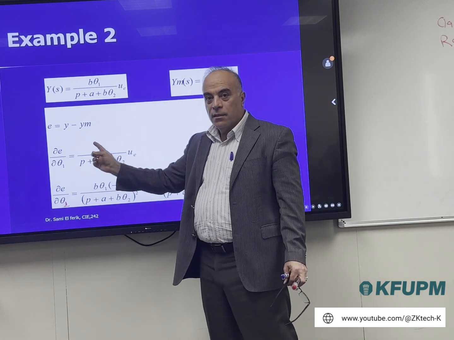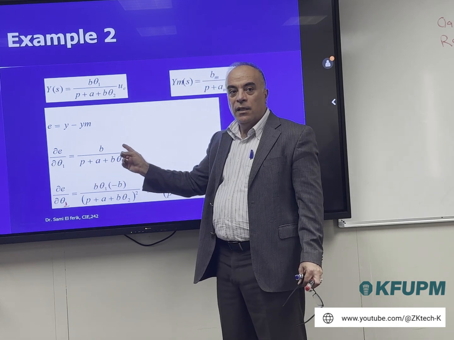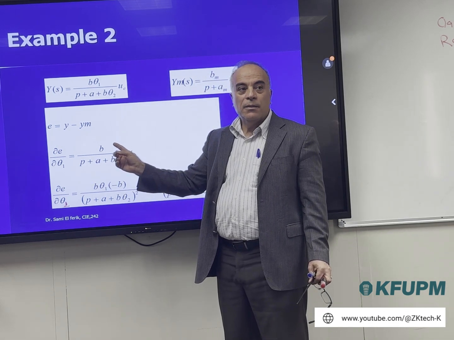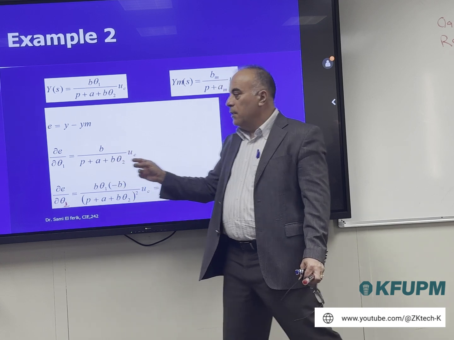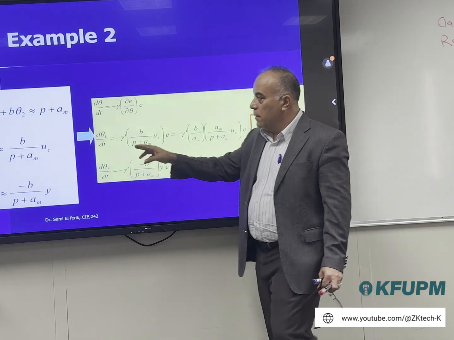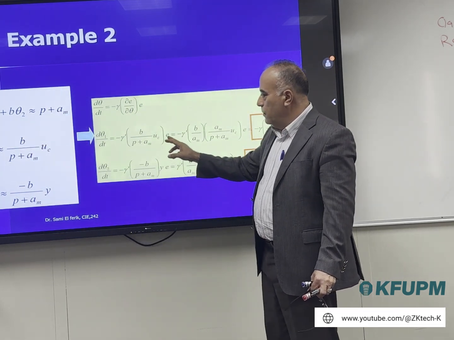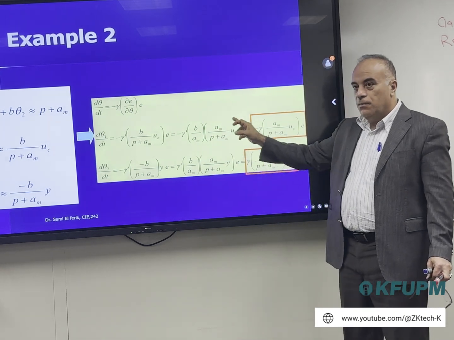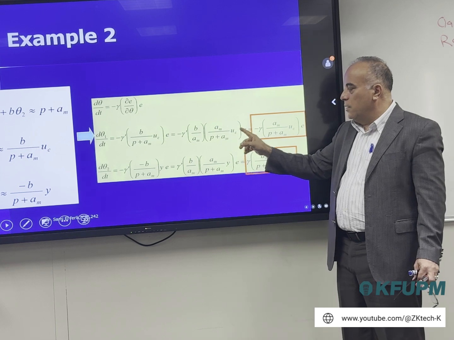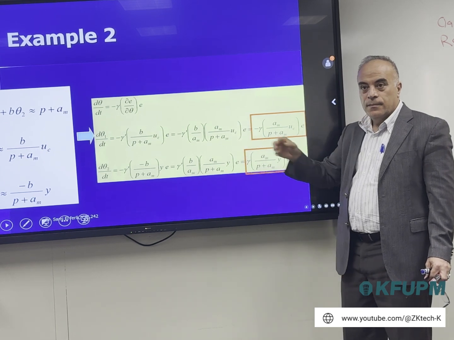In most cases, the derivative with respect to the parameters theta will generate an unfeasible controller because it's a function of the unknown parameters. So you need to do some approximation, right? And in these approximations, you refine them such that at the end of the day, the filter that you are going to put will not introduce any changes on your parameter or your system. So gain equal to 1.